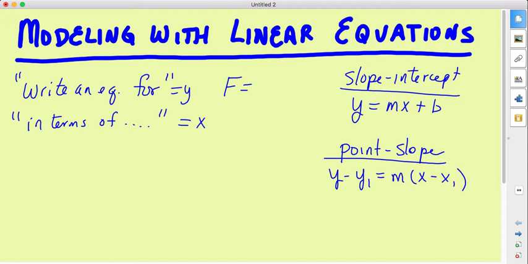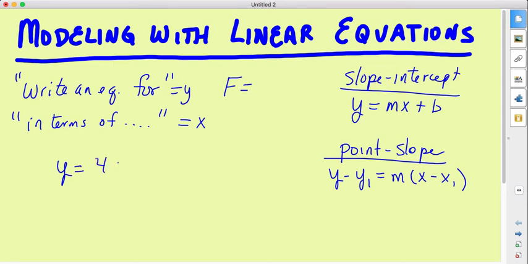So what's your starting dollar value? You're starting with $4 and it's going up $1.20 per mile. They told us to write an equation for the fare. Fare is how much we're going to spend. Actually, let me do it in y's here so I don't confuse you.